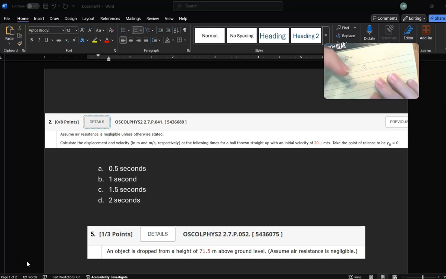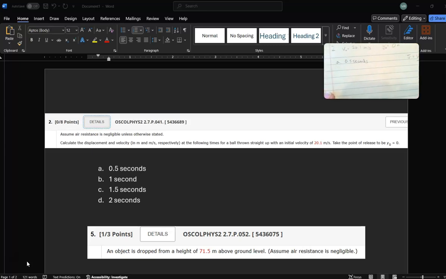Sometimes we represent the average with the variable with a bar over it. To find the average of two numbers, you just add the two numbers together and divide by 2. In this case, we're taking the average of the final and initial velocity, so I'm going to add the final velocity plus the initial velocity, V0 here, divided by 2. And again, that is going to equal your displacement over your time.